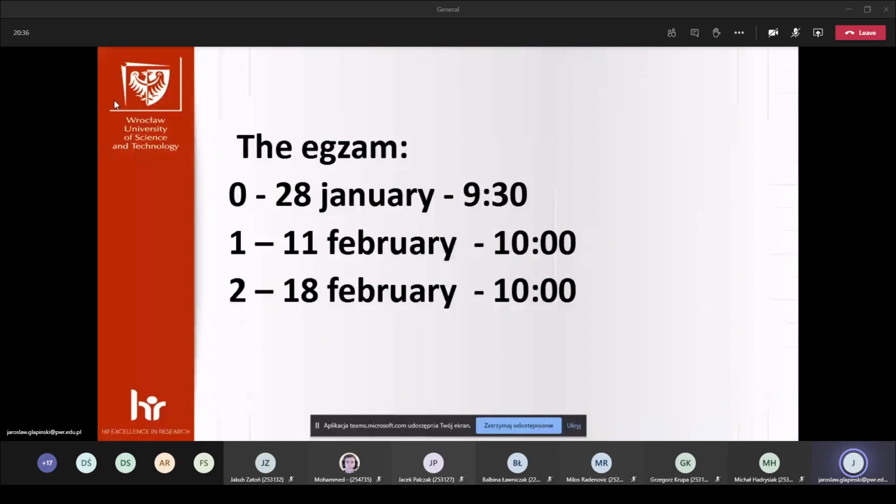The first is the 11th of February, and we can start at 10, and the last one is the 9th of February. Also we can start at 10. If anybody can't use these terms, please contact me, but I hope that you got 3 times, so you can choose which one you prefer. Of course, it's probably easier to pass it in the zero exam. Okay, so this is the exam.